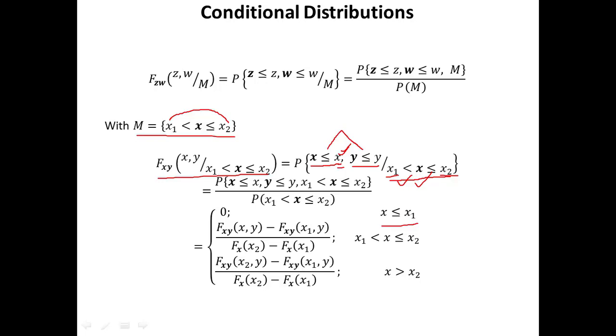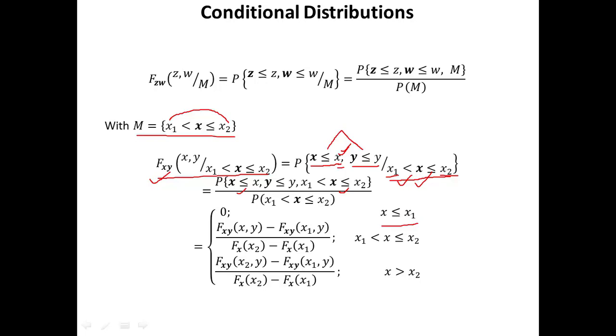In that scenario, the intersection of this event and this event will be a null set. It means the probability of the null set equals 0, so the numerator becomes 0, and the overall conditional joint distribution becomes 0 for x less than or equal to x1.